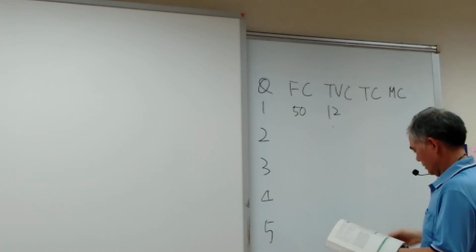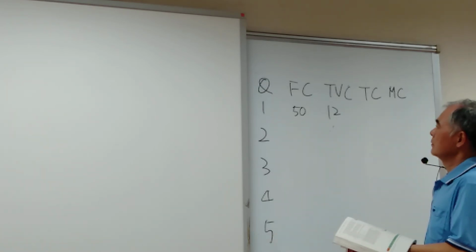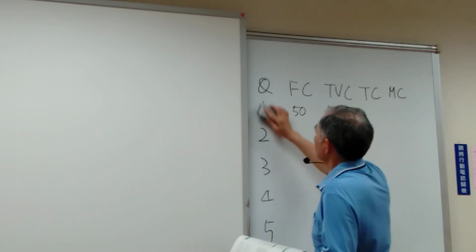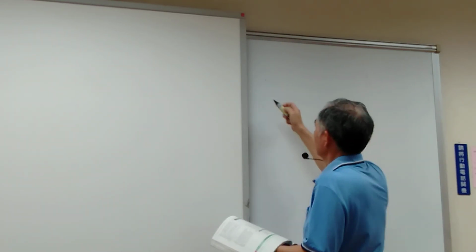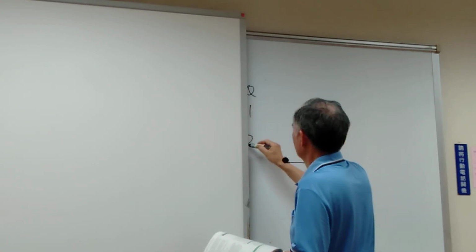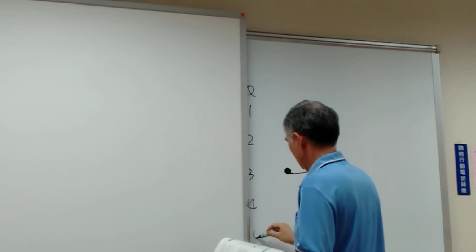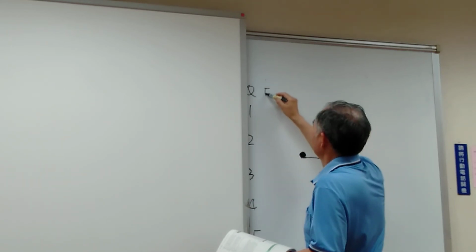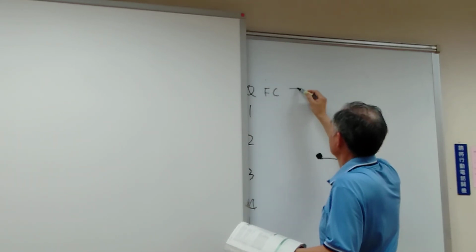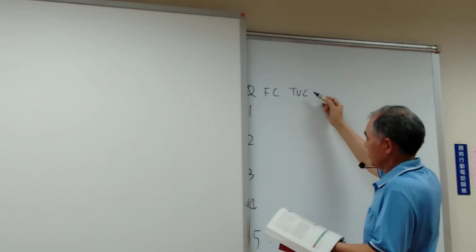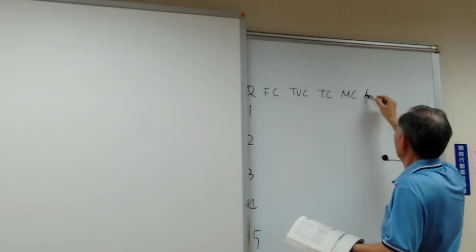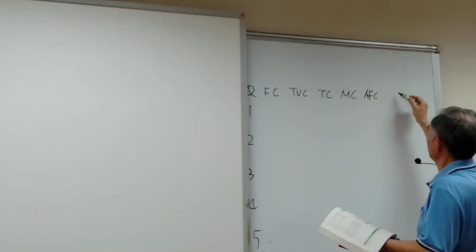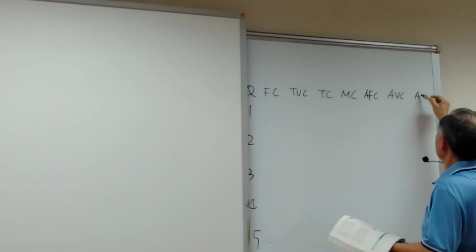Anyway, we don't have enough space, so let me write smaller. So you have Q, FC, TVC, and then TC, MC, AFC, AVC, ATC.